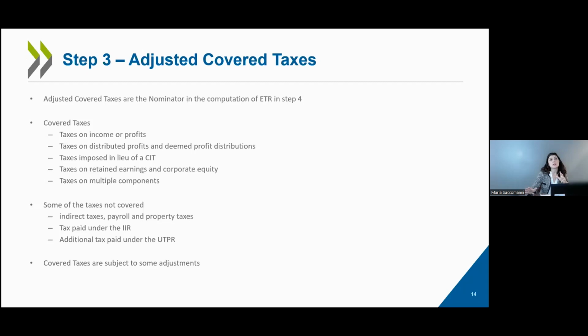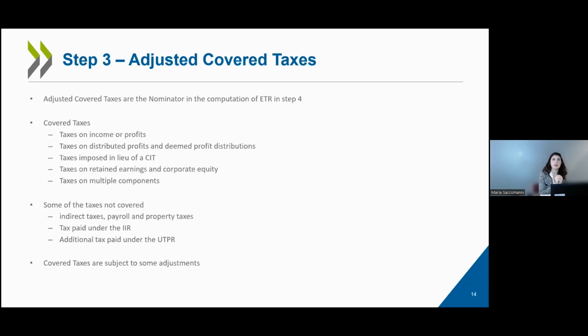So there are some adjustments to be done to the covered taxes. The main reason, apart from restricting the scope to the covered taxes, is to grant symmetry and functional connection with the GloBE base. So I'll give you an example.